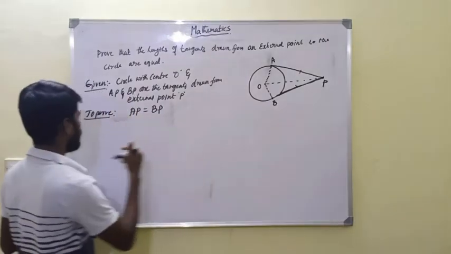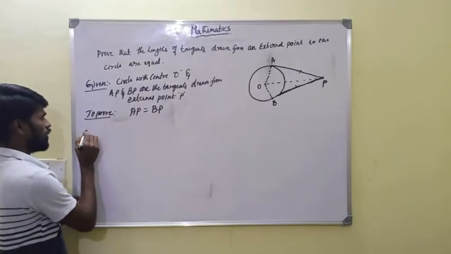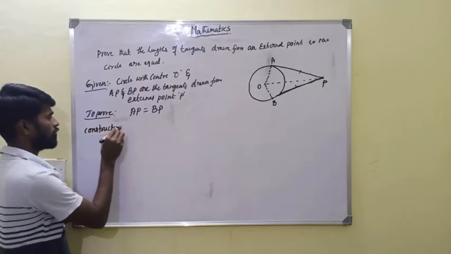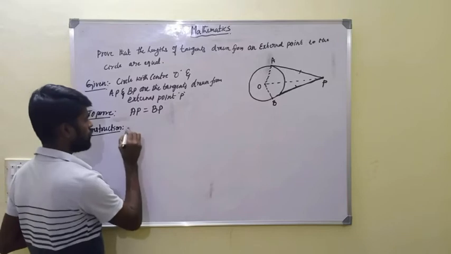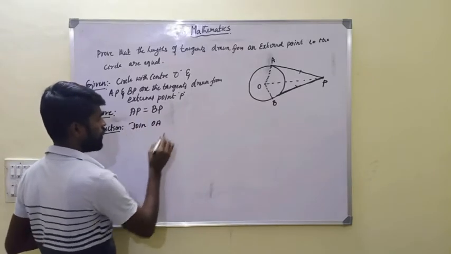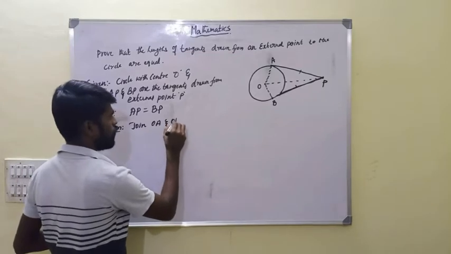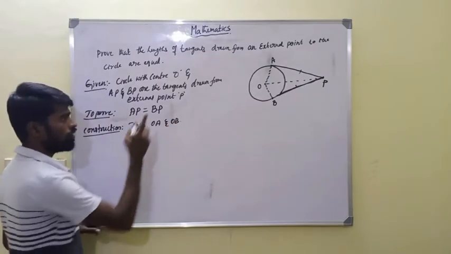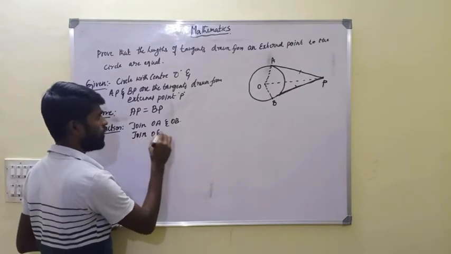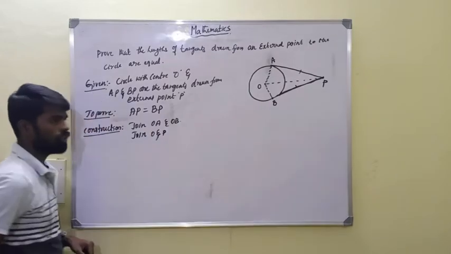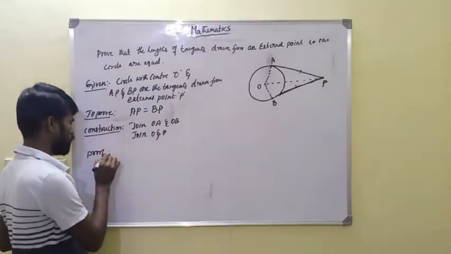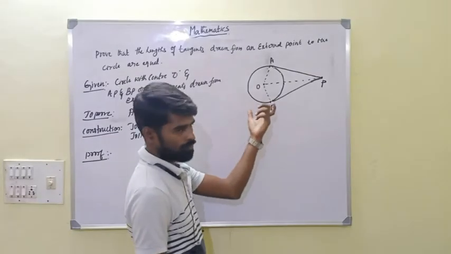So now what we have constructed here, construction: I joined OA and OB, and one more, I joined O and P. Now we'll go to the proof. Observe the figure.